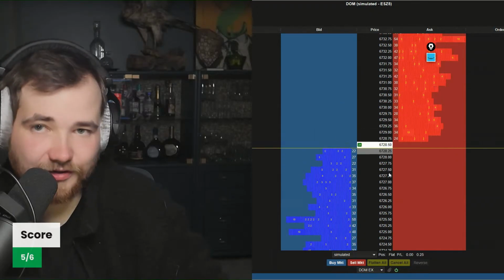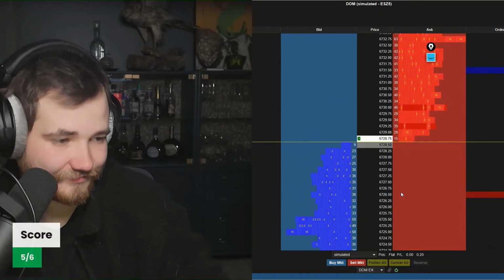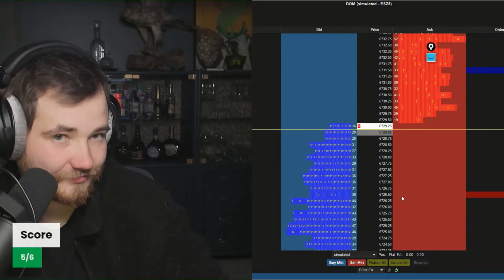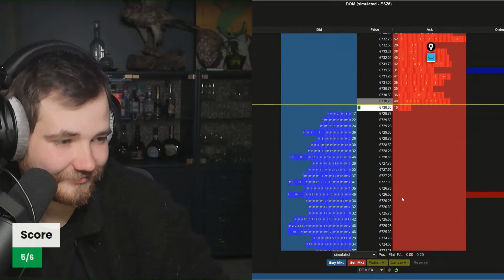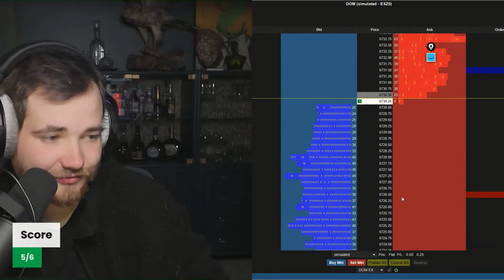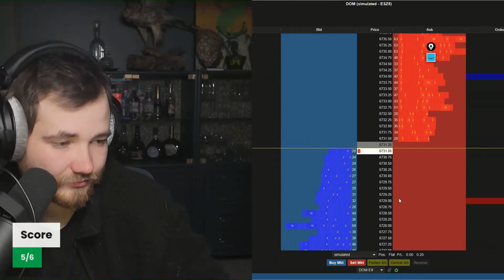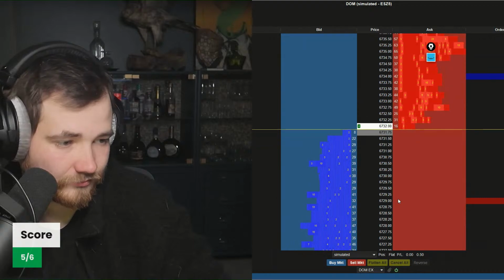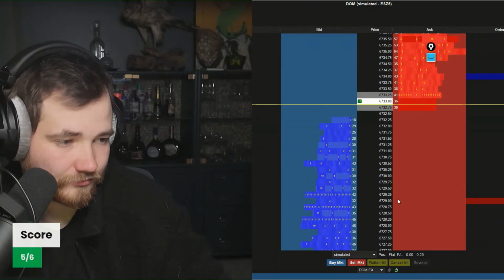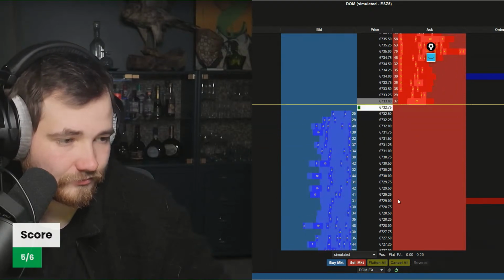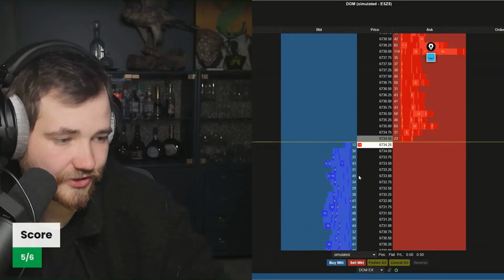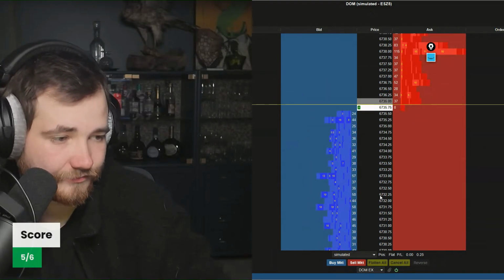The car is again trying to go to the higher prices. Are we breaking out? This could be a breakout. Buyers are just very strong here, generally.